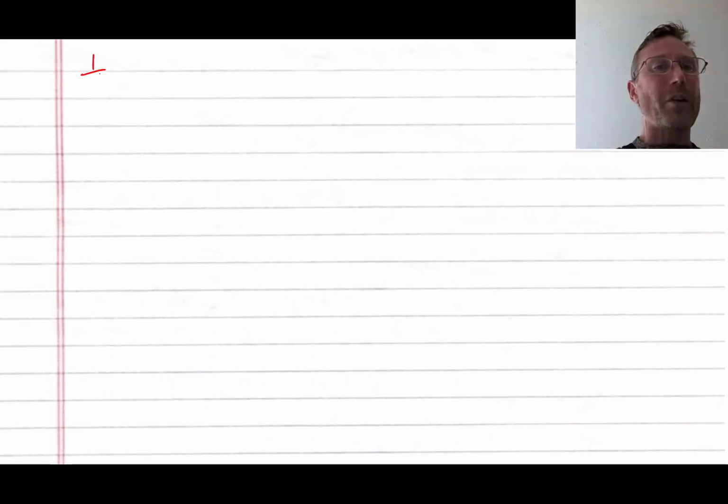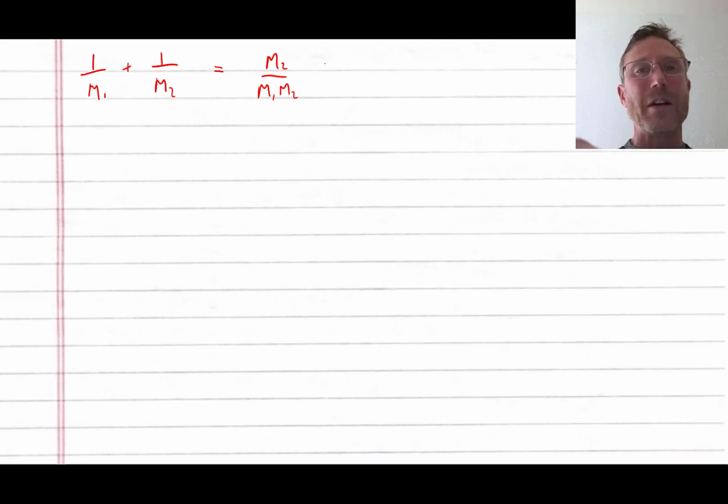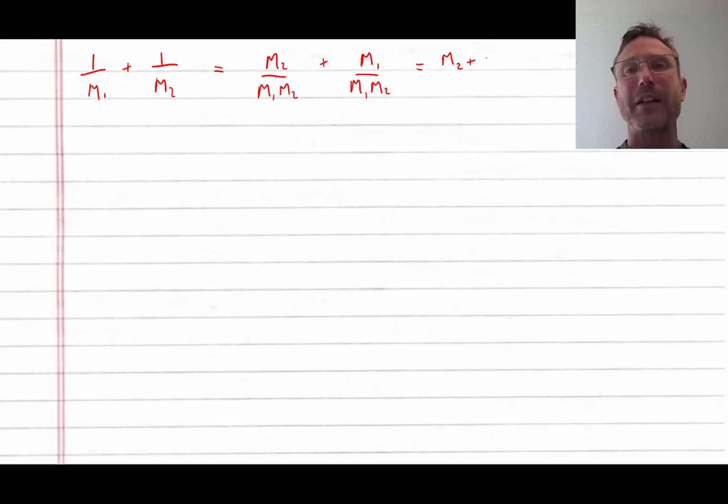So of course, 1 over m1 plus 1 over m2, well, we're going to multiply the first fraction by m2 over m2, so we end up with m2 over m1 m2 plus, over here, we're going to multiply by m1 over m1, and this of course ends up giving us m2 plus m1 over m1 m2, and this value ends up being 1 over what we call the reduced mass.